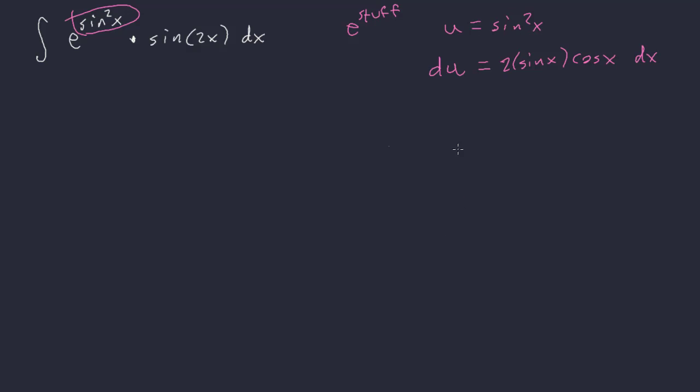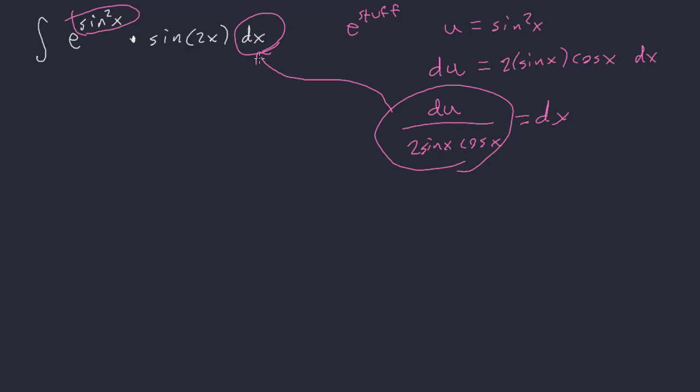Okay, now if we just move this over to get du over 2 sine x cosine x is equal to dx, and do our transformation as usual, we'll get the integral of e to the u times the sine of 2x, and then the dx will be replaced by du over 2 sine x cosine x.